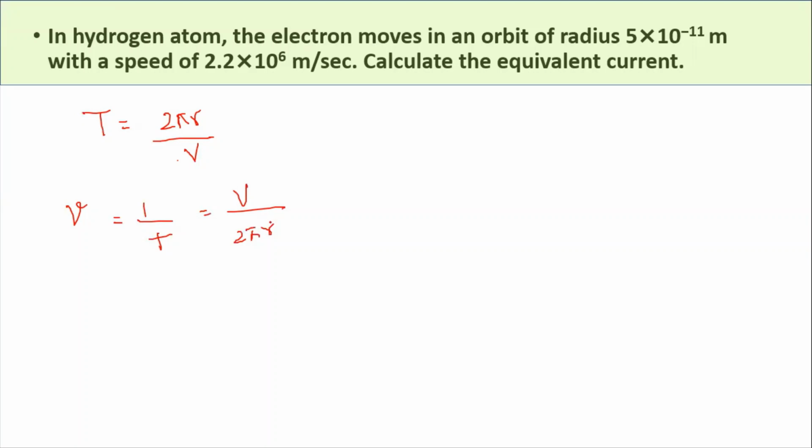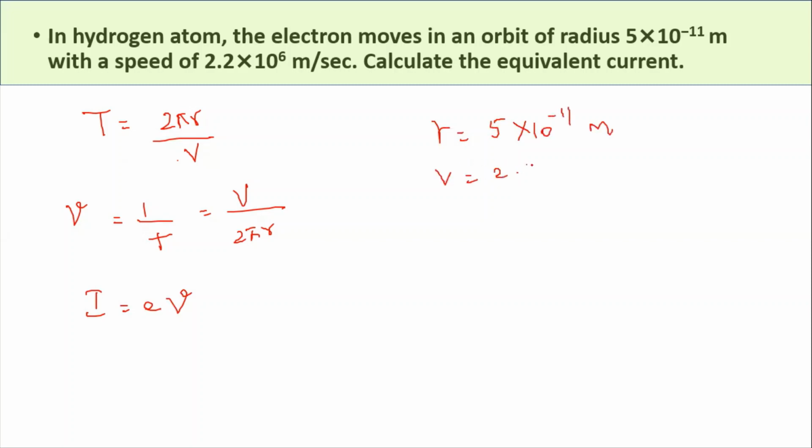Now current at any point of the orbit will be given as I is equal to charge flowing in one revolution into number of revolutions. So number of revolutions can be taken from frequency nu. So I is equal to E nu. Okay. So with this understanding, you have to solve the sum. So you know that orbital radius R is 5 into 10 power minus 11 meter.